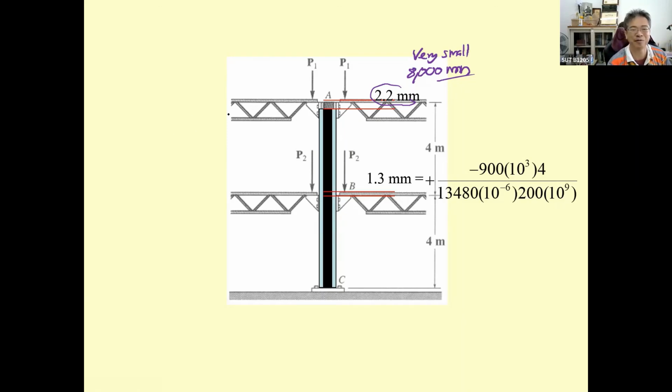But for now, the length after the force, if you measure from this one to this one, is going to be 8,000 minus 2.2 millimeter. That is going to be the new length of the column ABC, which is 7,997.8.